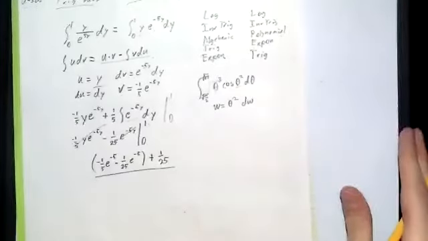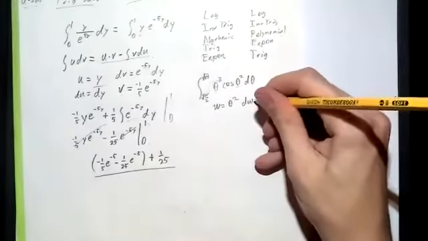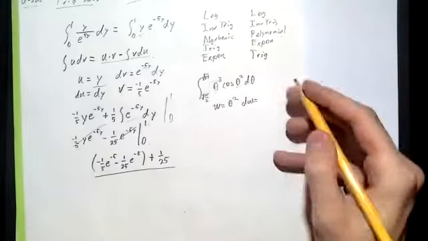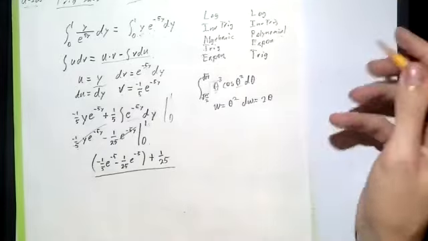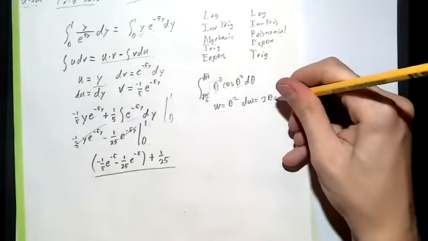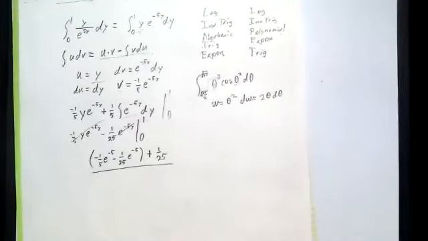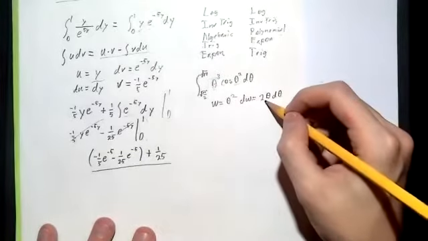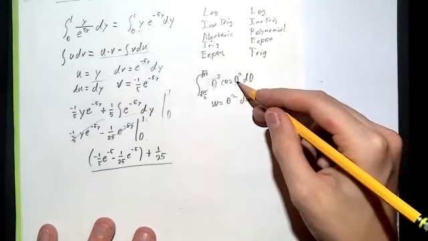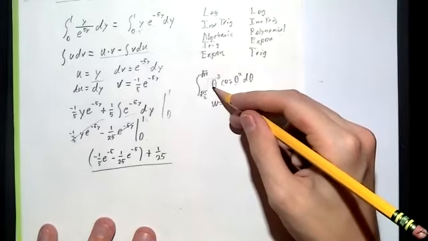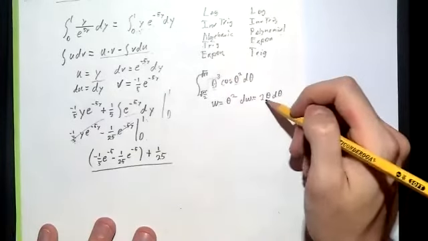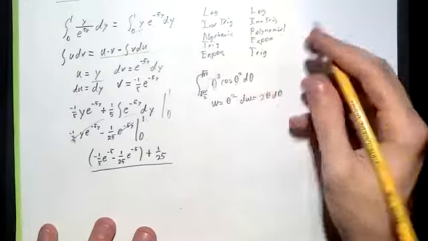U-sub is just because u is a very easy term to use. But when you start using it too much, you've got to change it up. So then dw is going to be 2 theta d theta. So what we can do with this then is, theta squared in here is going to be replaced with w, and then we have a theta left over that we can replace.